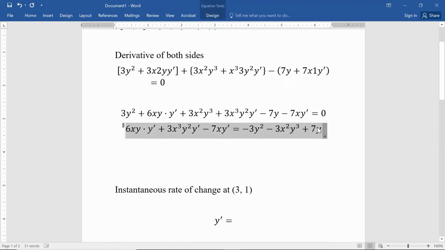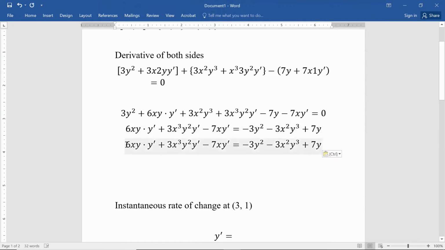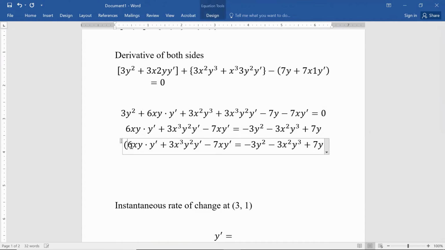Again, so I don't have to rewrite this equation, I'm going to use a lot of copying and pasting.